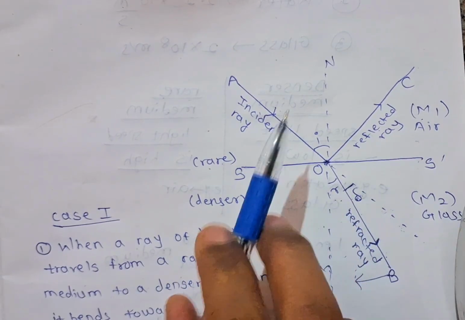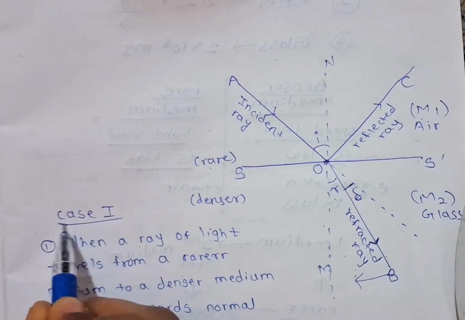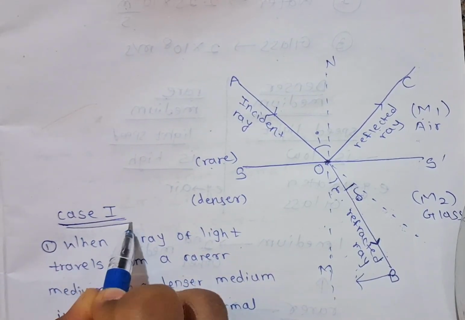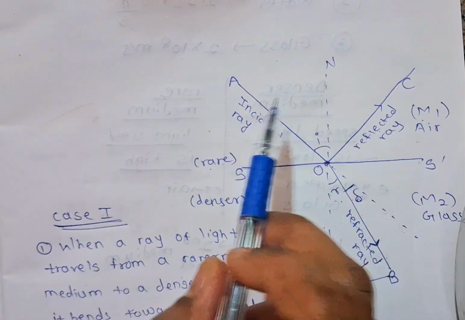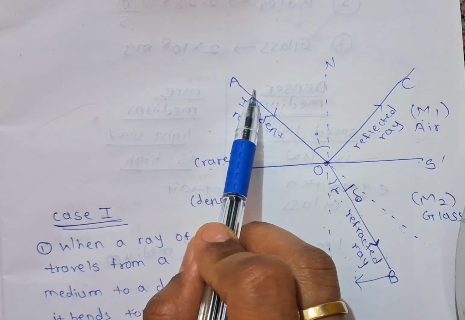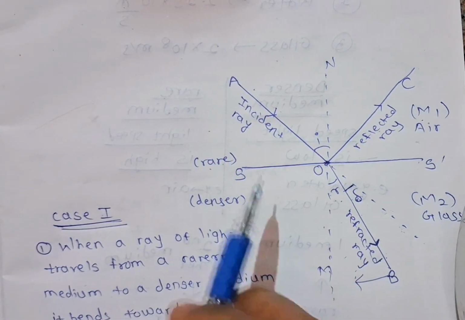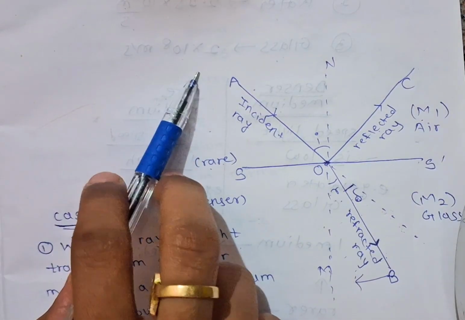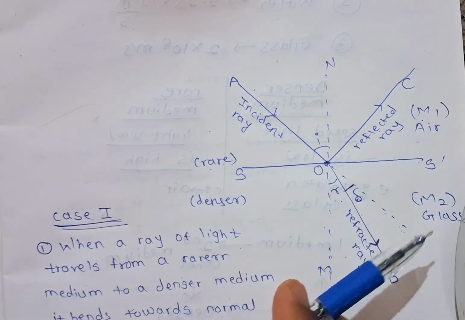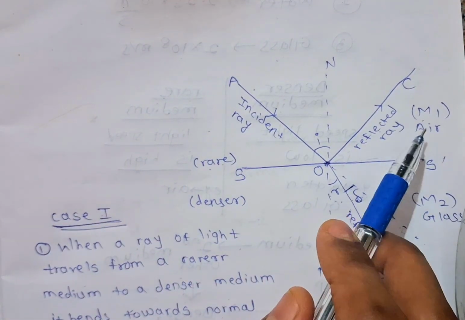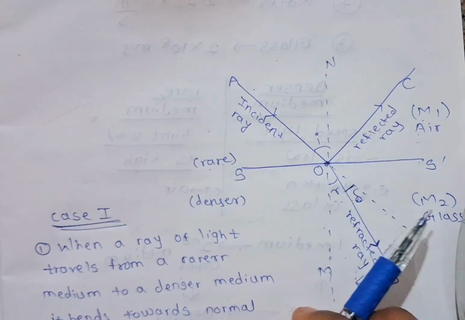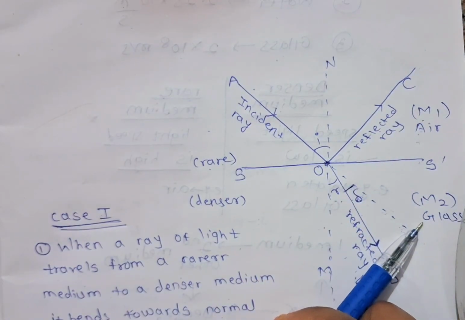So in refraction, let's consider case 1. If our first medium is rarer and the second medium is denser, then when light travels from a rarer medium to a denser medium, it gets deviated towards the normal. Here air is a rarer medium and glass is a denser medium.